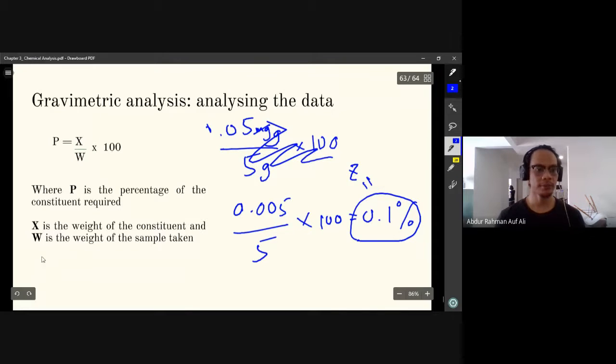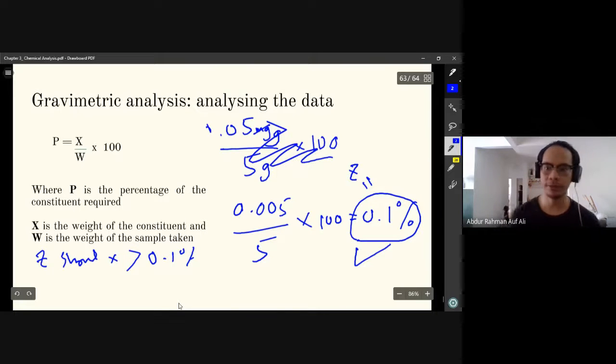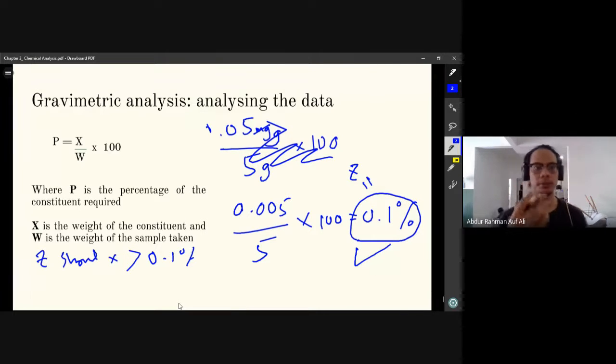So katakanlah kita refer pharmacopoeia untuk produk G ni, bahan Z should not be more than 0.1%. So kalau kita dapat 0.1%, pass lah the test. Okay, so this is how we report gravimetric analysis. Kita report in the form of purity, percentage purity, ketulinan.